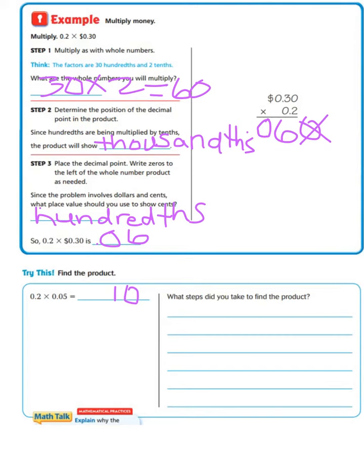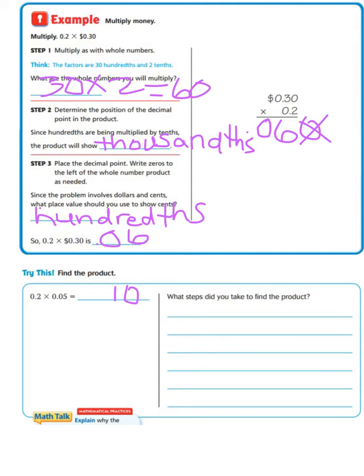Now, we also know that we are multiplying tenths by hundredths. So when you multiply tenths by hundredths, your answer is going to have to be to the thousandths, which is actually 3 places to the right of the decimal. So we will need to take our whole number and move it over 3 places, but we only have 2.